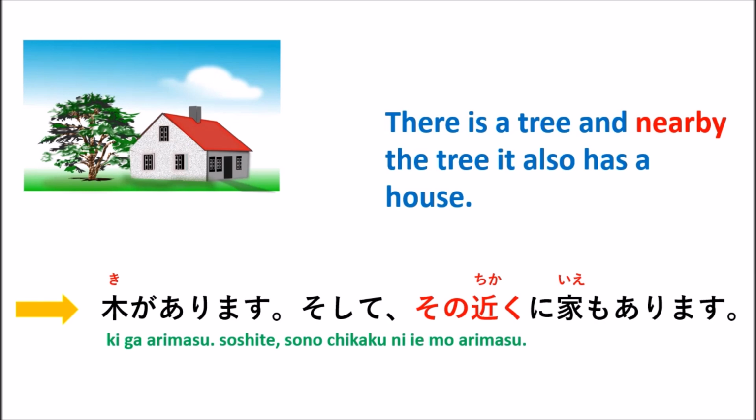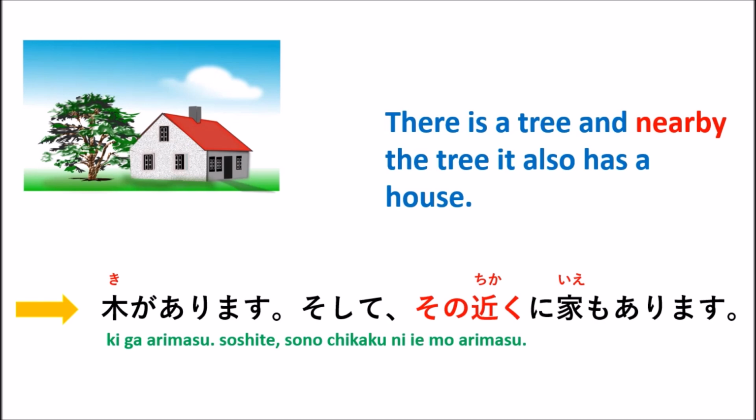Ki ga arimasu. そしてその近くに家もあります。Let's see. 木があります means there is a tree, right? そして means and, and その近くに means nearby.